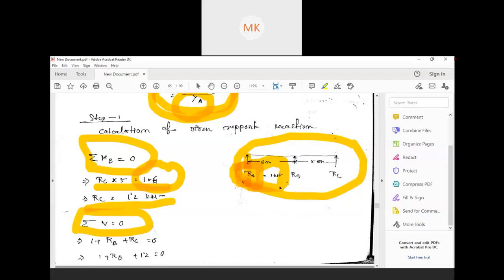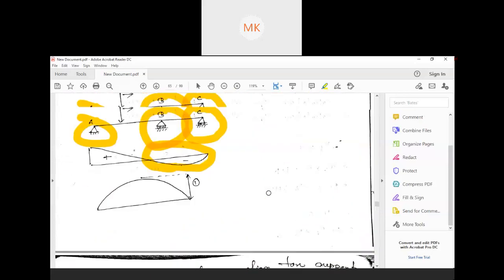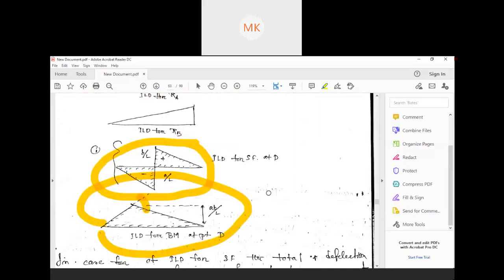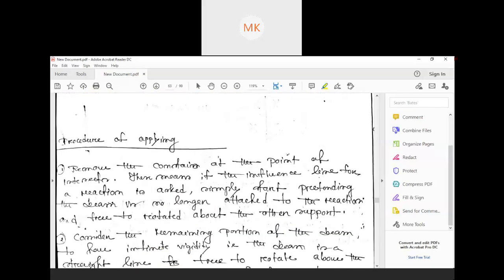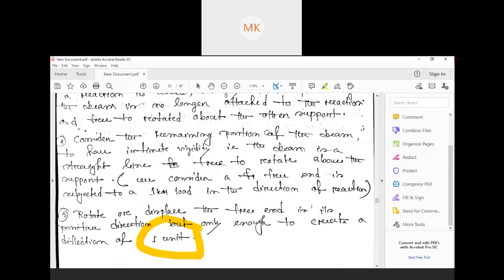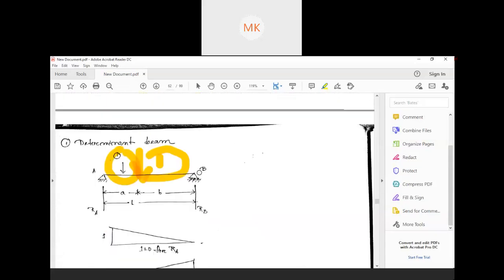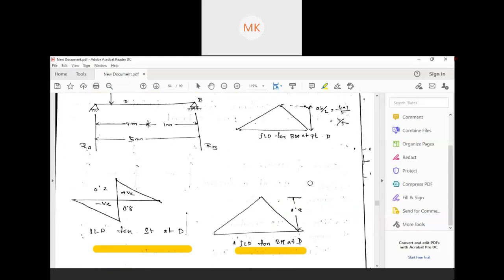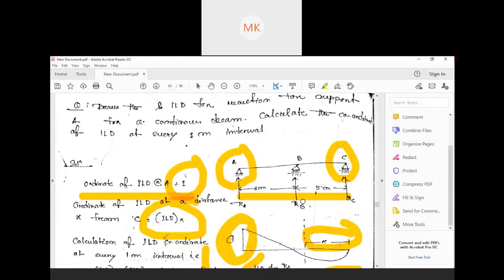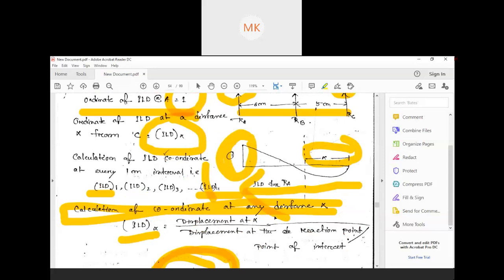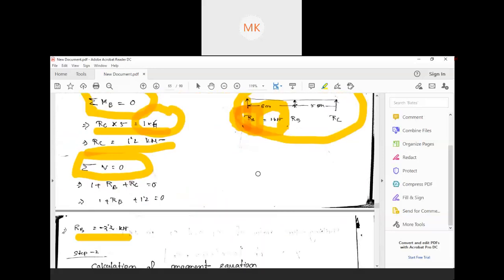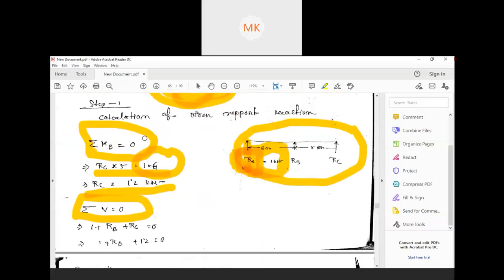We need to assume there are some points. I have already said 3 points. Just go through these 3 points, the procedure for applying. In these points it's already saying that we need to assume the beam as a free beam, as there is no support and all these things, we need to remove that. After that we need to use this equilibrium equation.